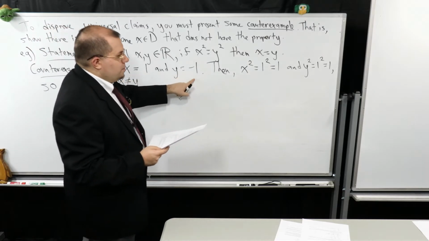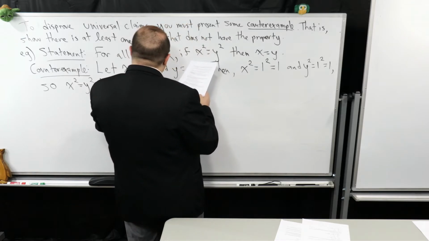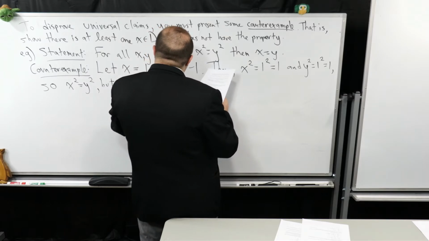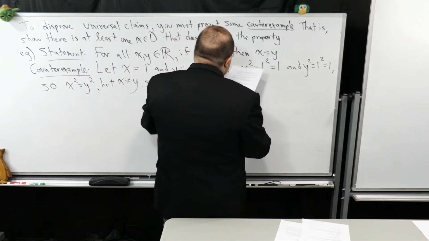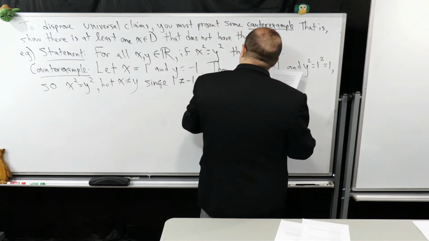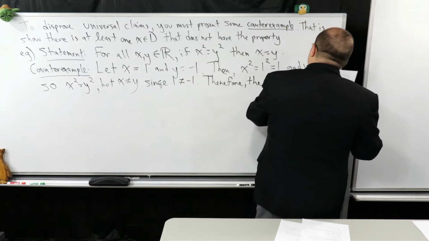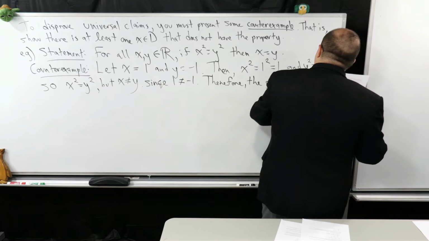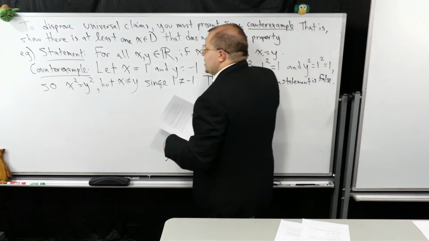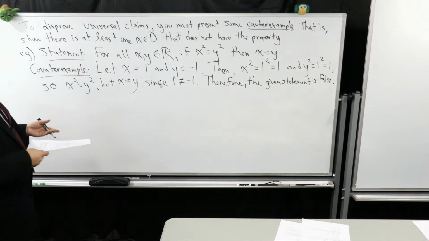See, 1 and -1 here. Since 1 is not equal to -1, therefore the given statement is false. Since I'm not proving anything, I don't usually put the box there. I'm not proving anything. I'm just refuting a claim.